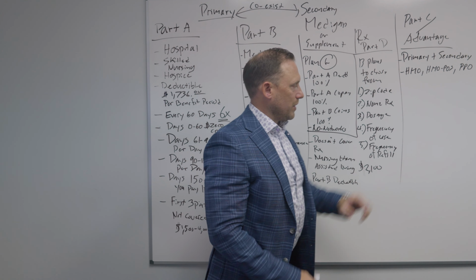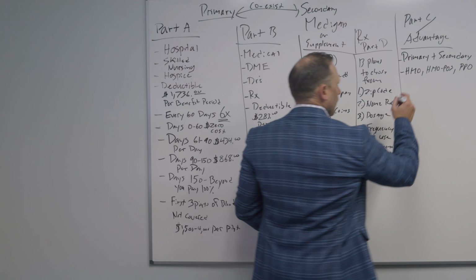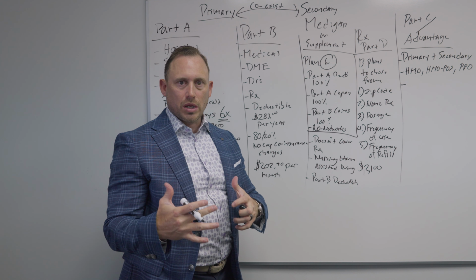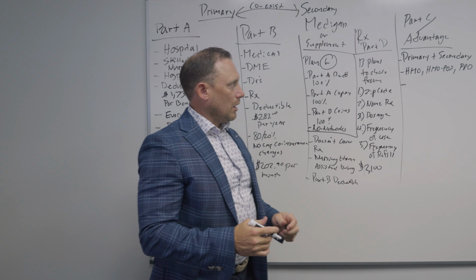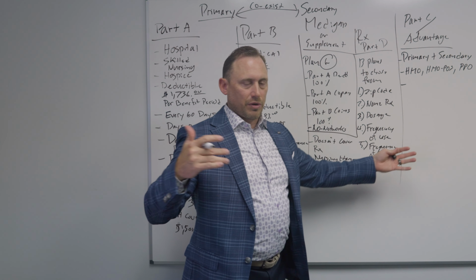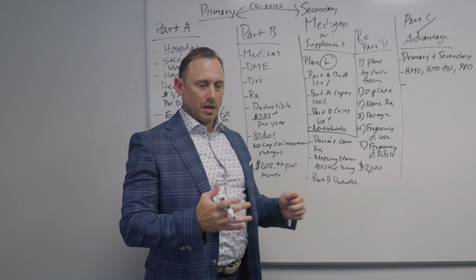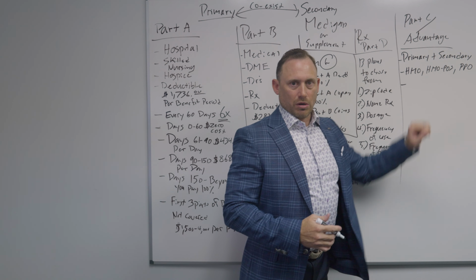So here you have a network. Now, Medicare Advantage, depending on the state and the county you live in, you could have 30-some plans to choose from to over 100 plans to choose from, between the three networks.